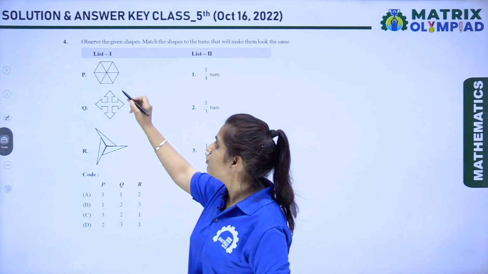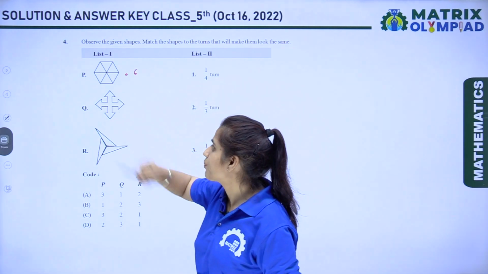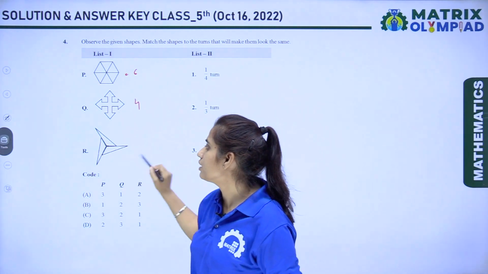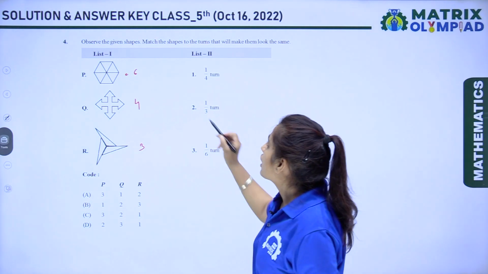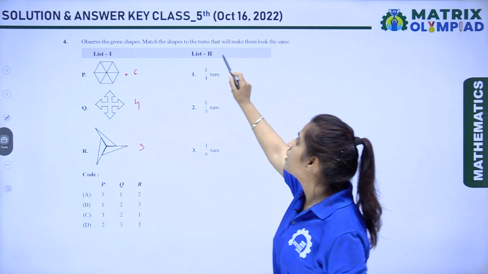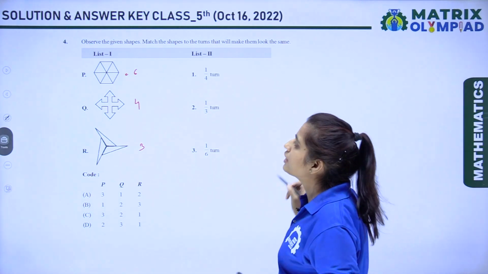In this first shape, the total number of partitions is 6. In the second shape, we have 4 partitions, and in the third, we have 3 partitions. In the question, it is said to match the shapes to the turns that will make them look the same.